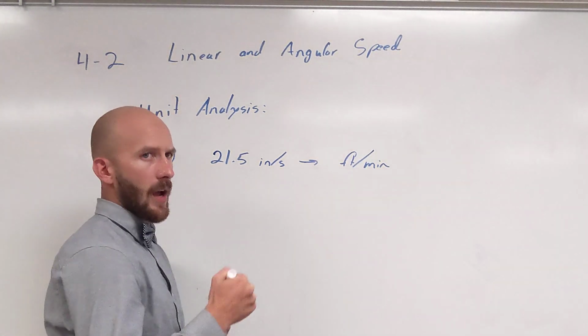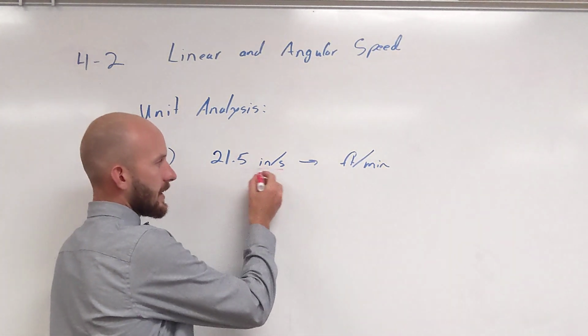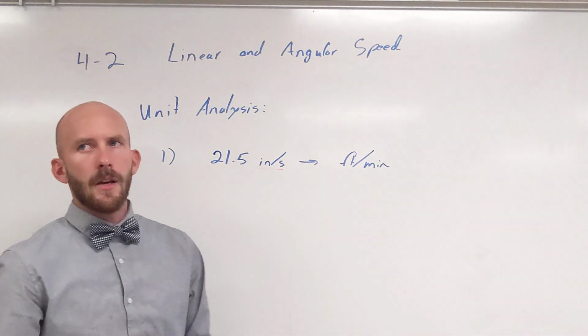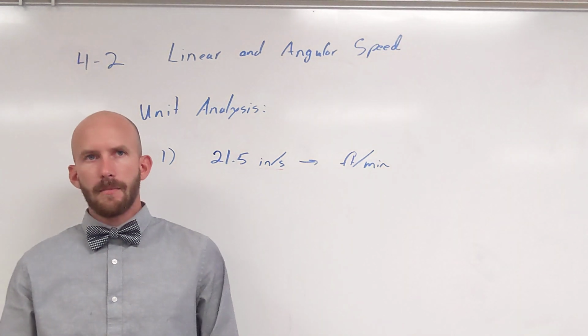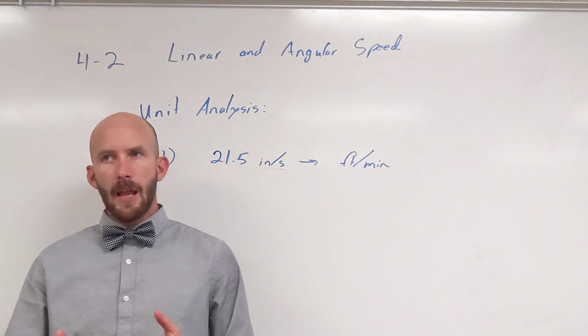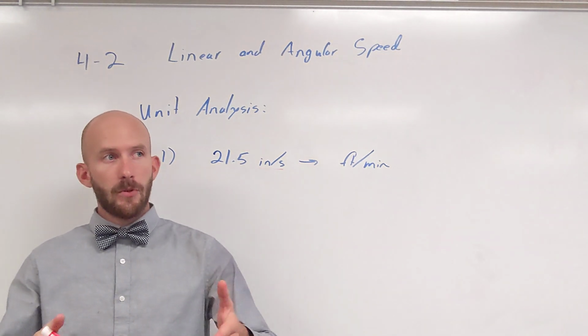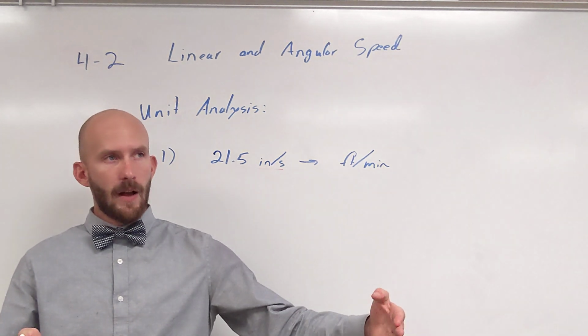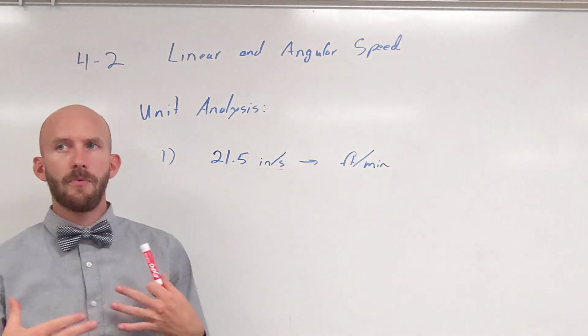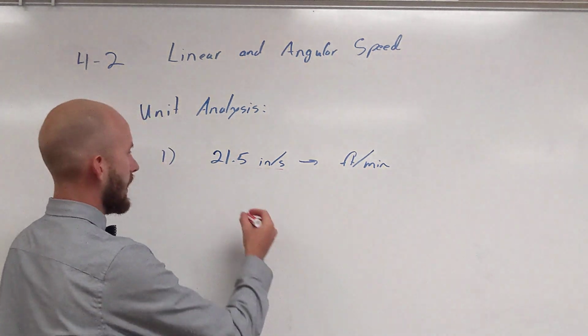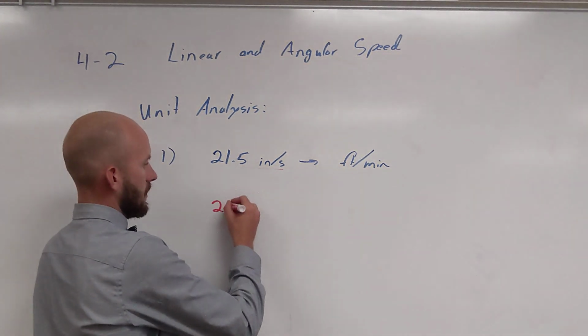So the first thing I want to talk about is these rates. 21.5 inches per second is the same as saying that object is traveling 21.5 inches in 1 second, right? It's really a division problem. So we can write it as such.